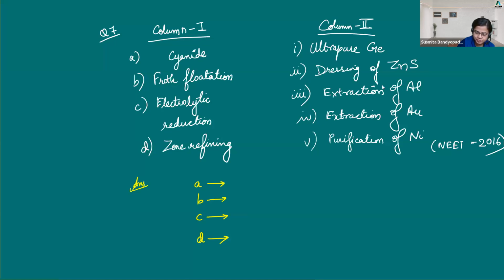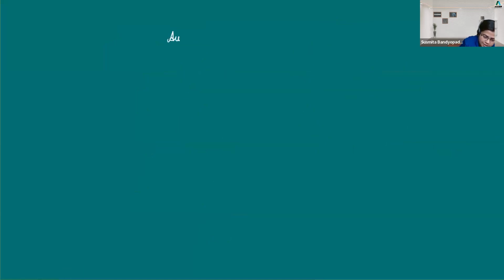Okay. Students, the cyanide process for extraction of gold, where aqueous cyanide solution plus oxygen as the oxidizing agent converts gold into the following complex.